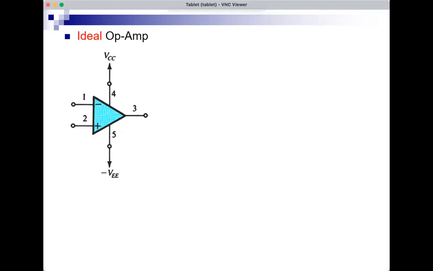The reason why it's called operational amplifier is because this circuit can be used to implement all kinds of operations: of course, amplification, which is like multiplying by a gain, by a constant, addition, subtraction, division, calculating an exponential, integrating, differentiating, solving differential equations.